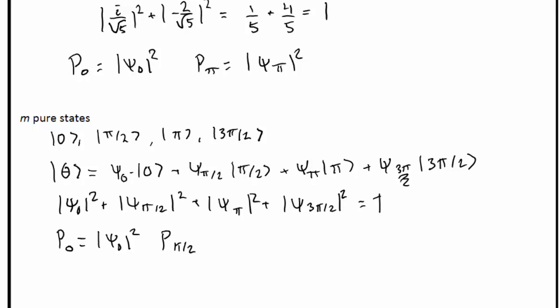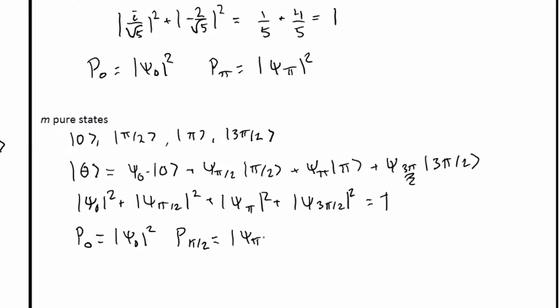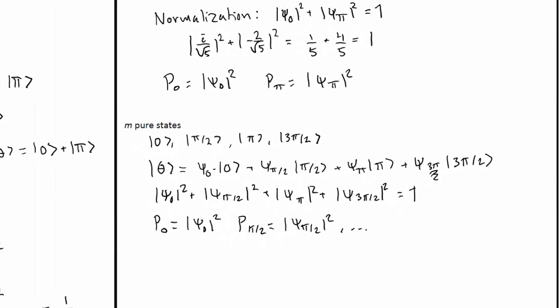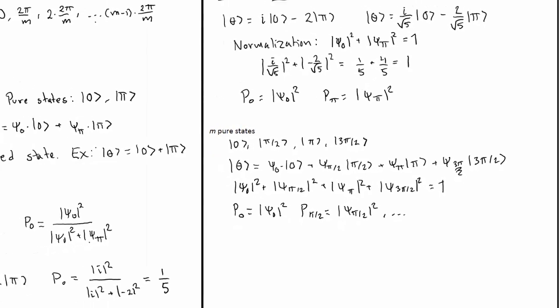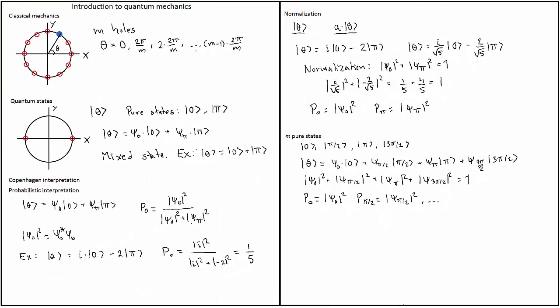P pi half, the probability of finding it in the top hole, will be phi pi half square, and so on. We see that the system is completely represented by m complex numbers.